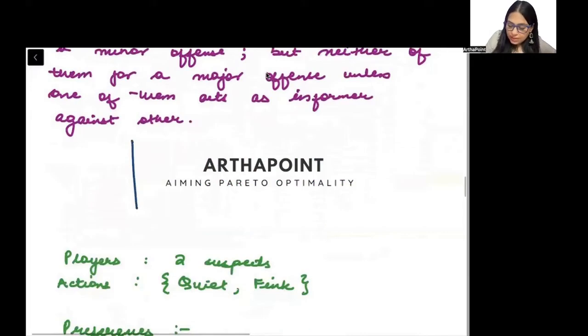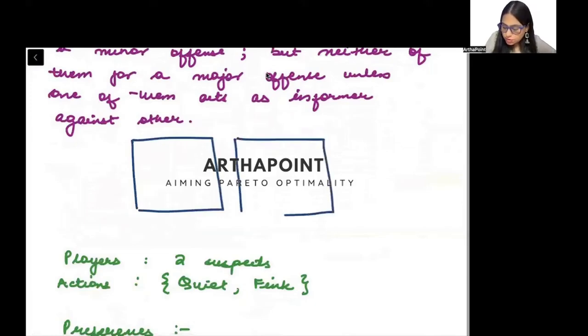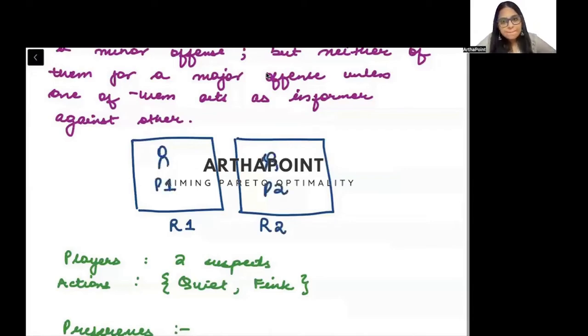What I will do is I will put these prisoners in two separate rooms. Room 1, room 2. Prisoner 1, prisoner 2. ठीक है? And I will ask them separately.